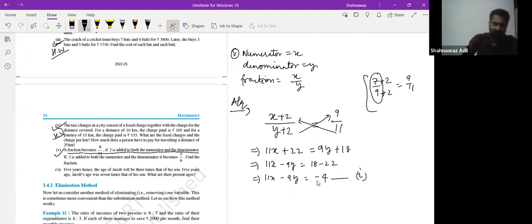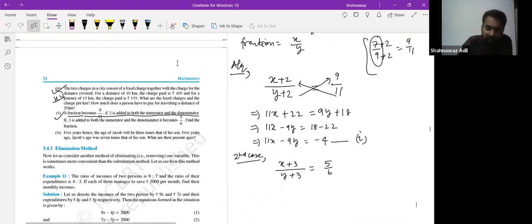Now, Talha, what will be the second part? Second case: if 3 is added to both the numerator and denominator. What will be the equation? x plus 3 by y plus 3, and this is 5 by 6. Let us solve this also.